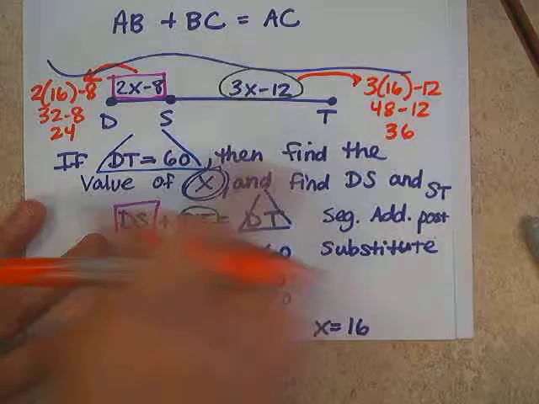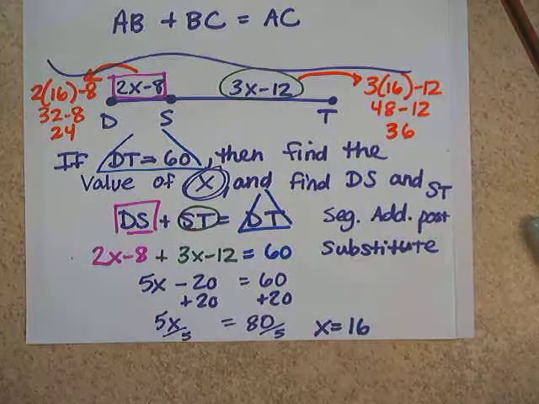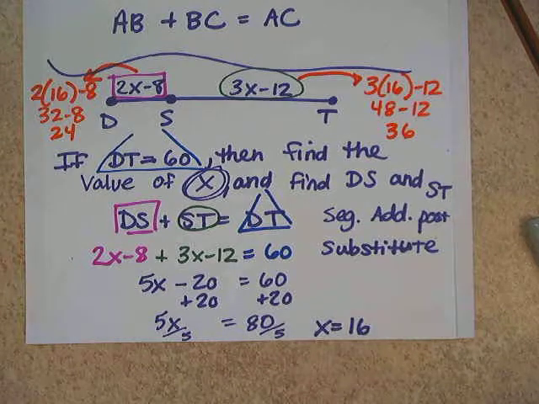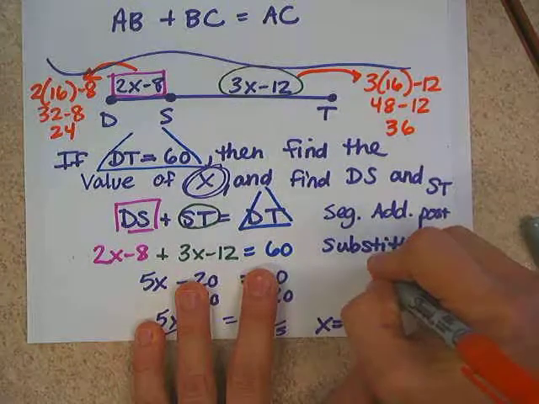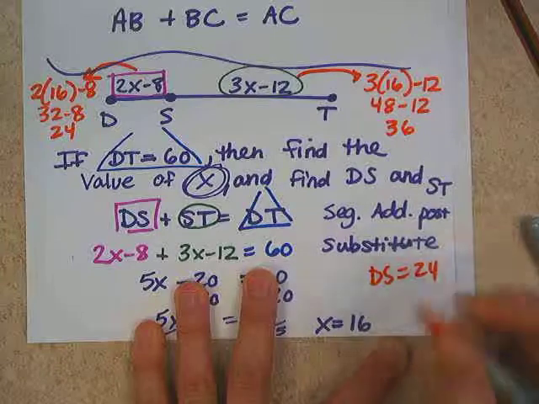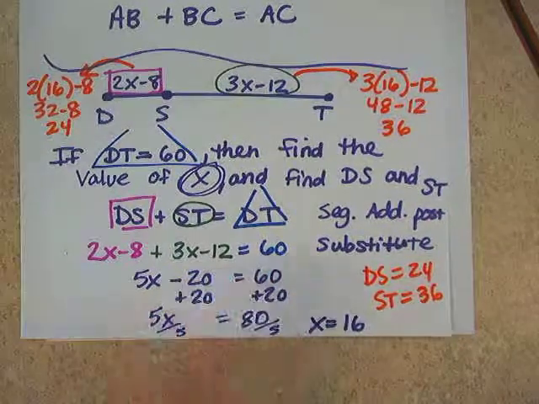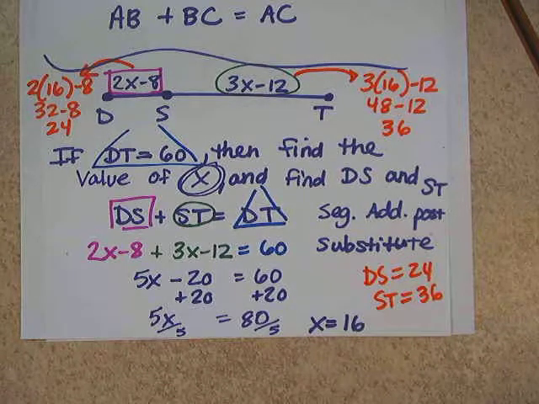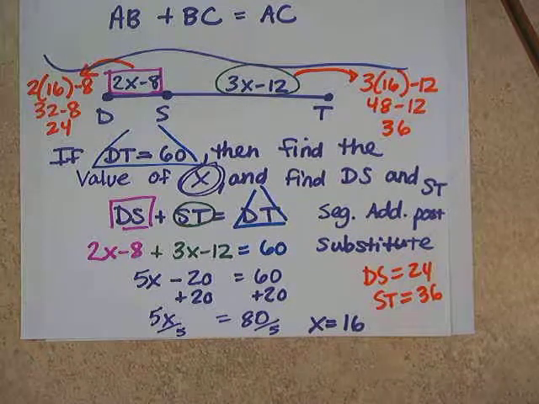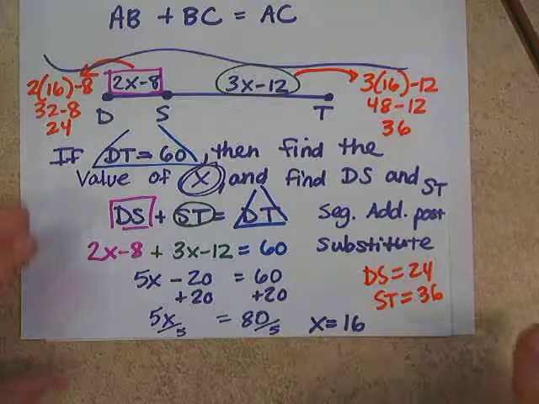And then you can look and say, yep, 36 and 24 do indeed add up to 60. So it's a good way to self-check. If your two numbers don't add up to 60 and they're supposed to, you might have done some algebra wrong. So over here we'd say DS equals 24 and ST equals 36.